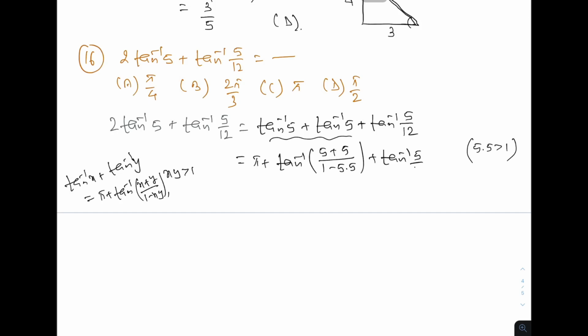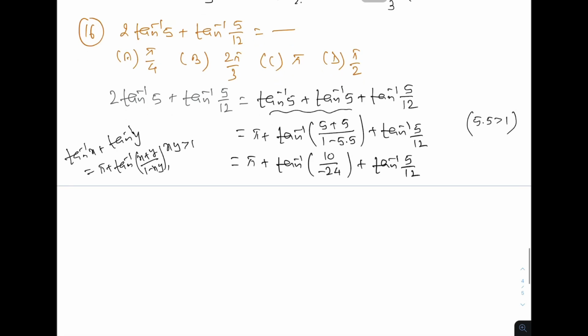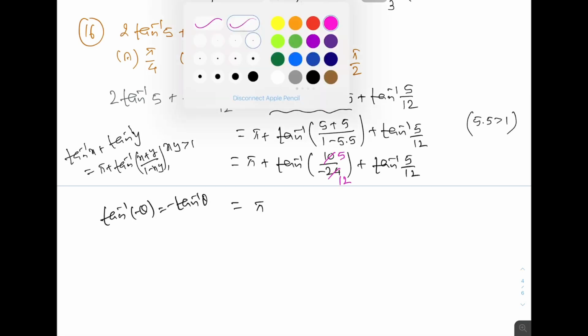plus tan inverse 5 by 12. So this is pi plus tan inverse 10 by minus 24 plus tan inverse 5 by 12. One more thing is, tan inverse minus theta is minus tan inverse theta, and this is nothing but 5 by 12.